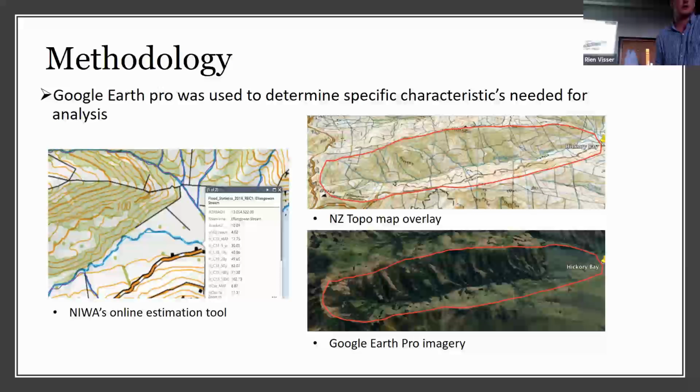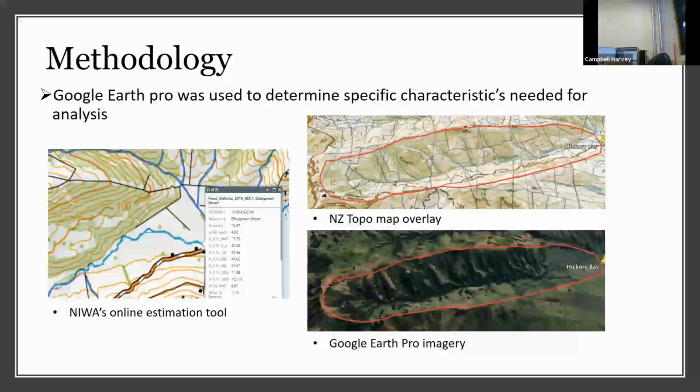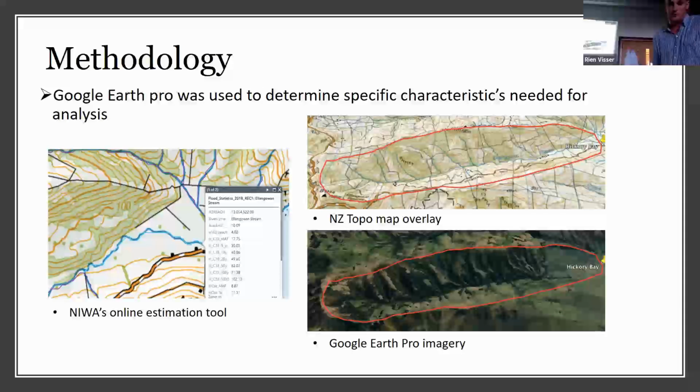For the rational and Team 61 methods, catchment characteristics were determined using Google Earth Pro imagery and its design tools, and New Zealand topography overlays were downloaded and then uploaded into Google Earth to be used to identify stream lengths and stream slopes.